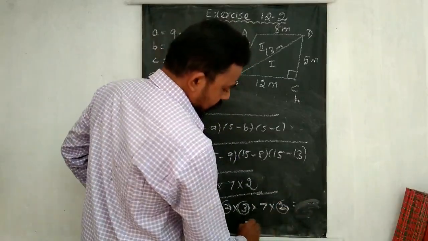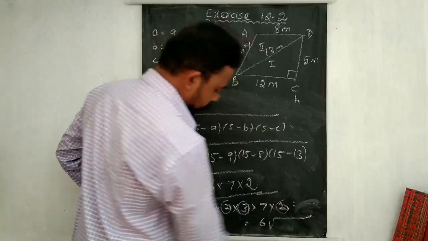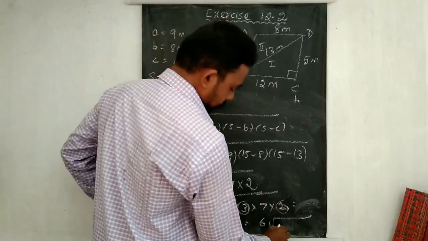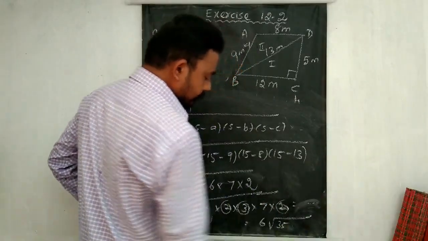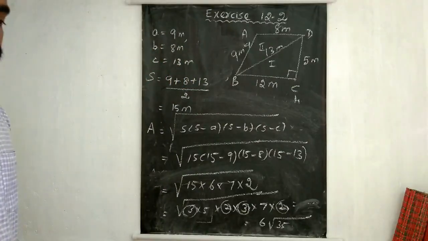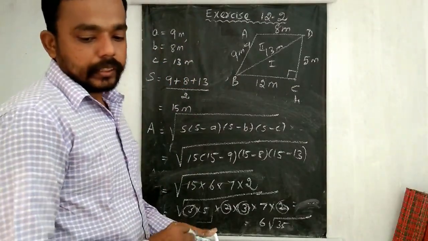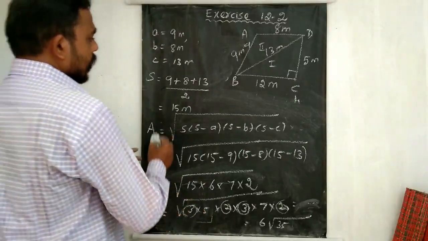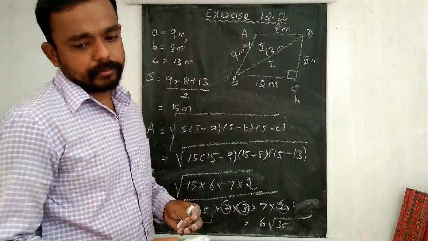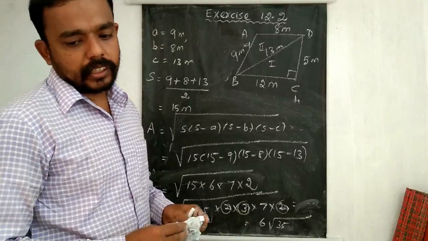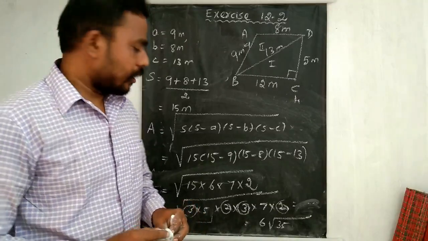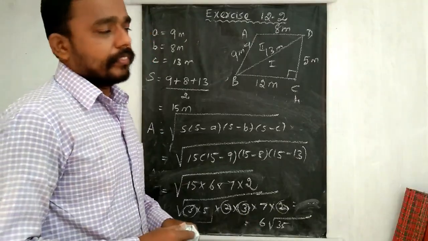So 3 twos are 6, root of the remaining 5 into 7, 35. So 6 root 35. The first one is 30, we already have that. The second one is 6 root 35.